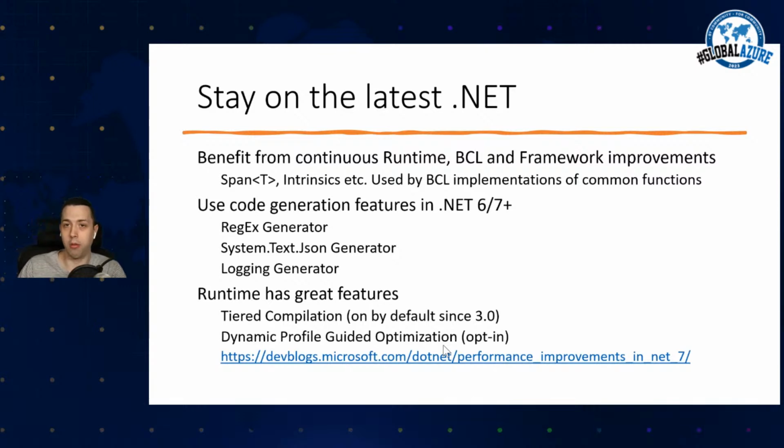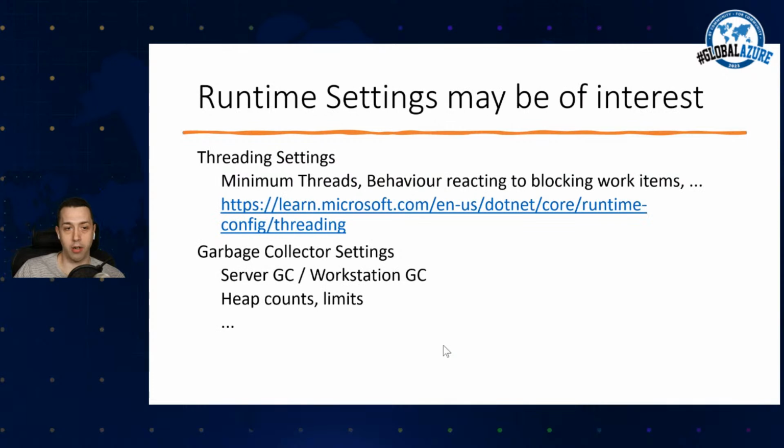First of all, tiered compilation has been on since .NET 3, but there is a way to improve upon that using dynamic profile-guided optimization, which is opt-in in recent .NET versions. I'm going to show you a demo later on. If you really want to get into the nitty-gritty details, there are also settings for how threading behaves in .NET, and also how the garbage collector behaves.